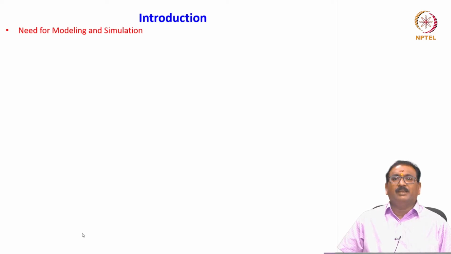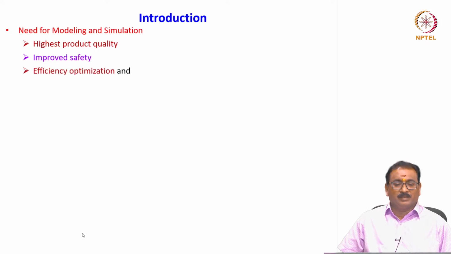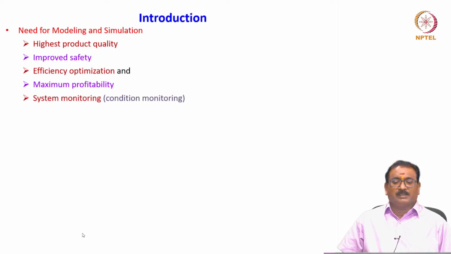You may use any modeling and simulation technique, but remember, whatever it may be, the highest product quality is ensured before manufacturing the product. Similarly, improved safety, efficiency optimization and maximum profitability are ensured if you adopt modeling and simulation, and system monitoring, meaning condition monitoring, is possible once the process model is complete.